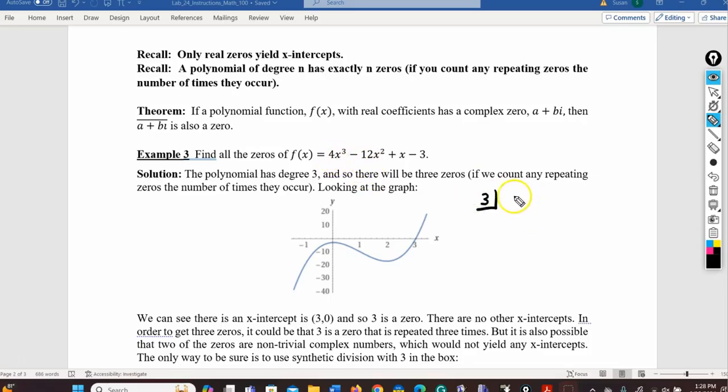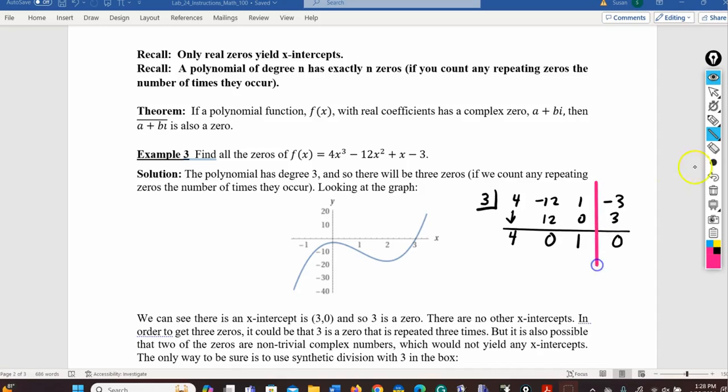If I set this up for synthetic division, I'm going to have that. 4 times the number in the box, then we add and we get 0. 0 times the number in the box, then we add and get 1. 1 times the number in the box, and then we add and get 0.